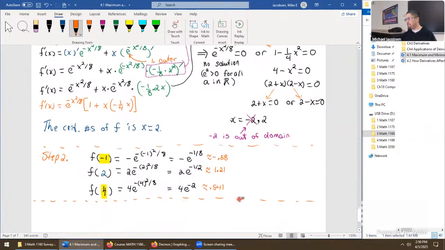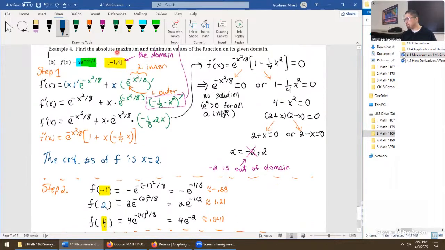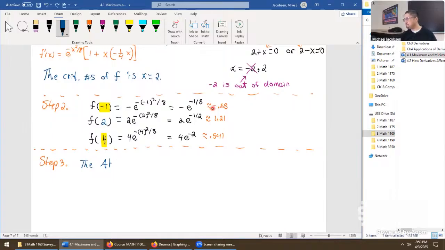Okay, so step 3, all we're doing is finalizing this, just stating a conclusion, basically. Step 3, we might say something along these lines. The absolute maximum is equal to this one right here, the one that corresponded to the largest value, 2e to the power of negative 1/2.